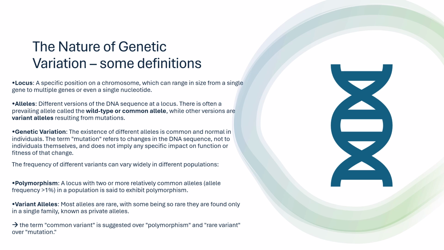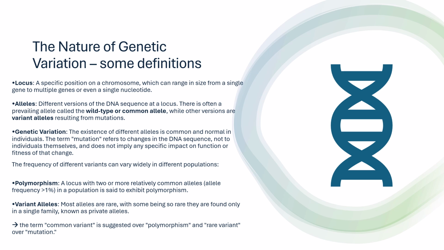And that can be divided into wild type or common allele. So for example, if the ABC sequence is present frequently, and by frequently I mean it's in more than 1% of the population, this version is called a wild type or a common allele.